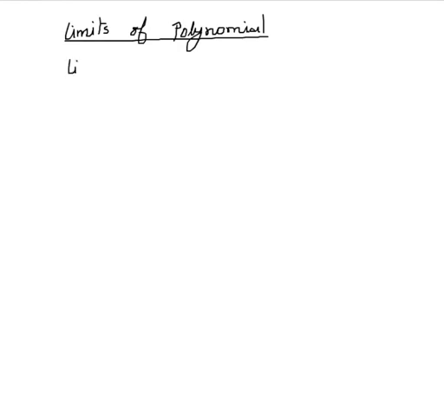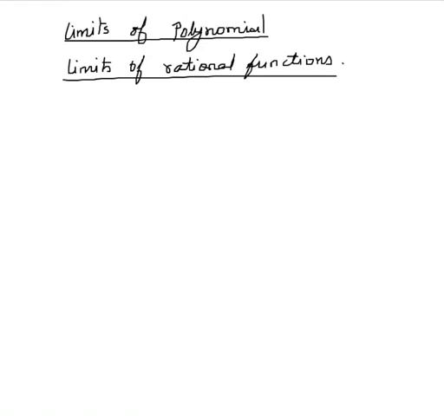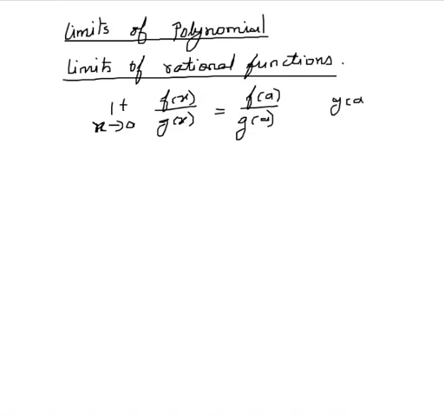Now limits of rational functions. What do you mean by a rational function? A polynomial divided by another polynomial. So when we apply the limits separately for the numerator as well as for the denominator, if both of them exist, and g of a should not be equal to 0.